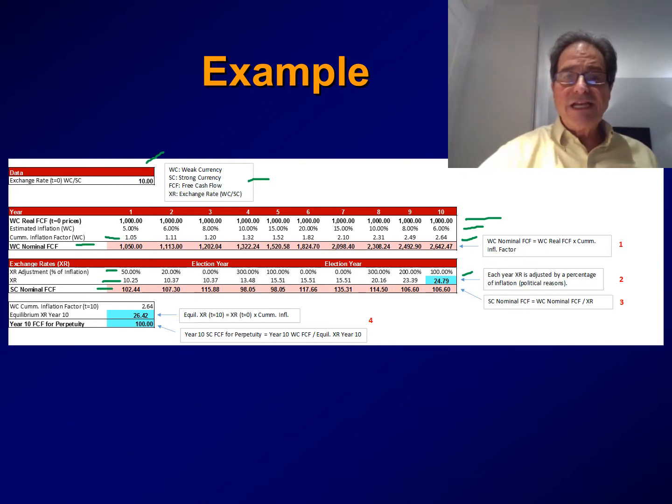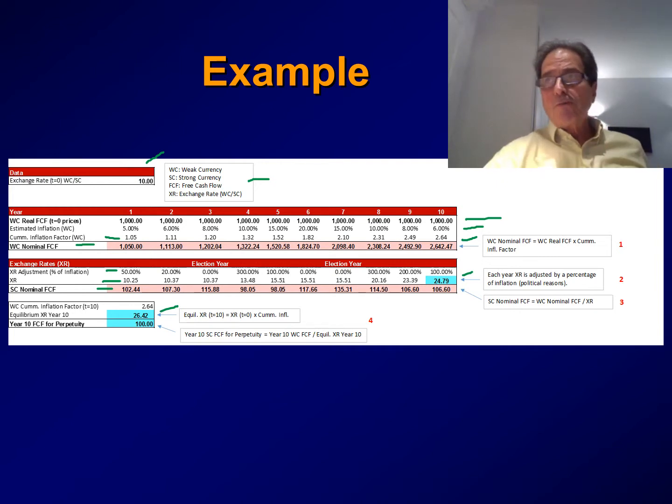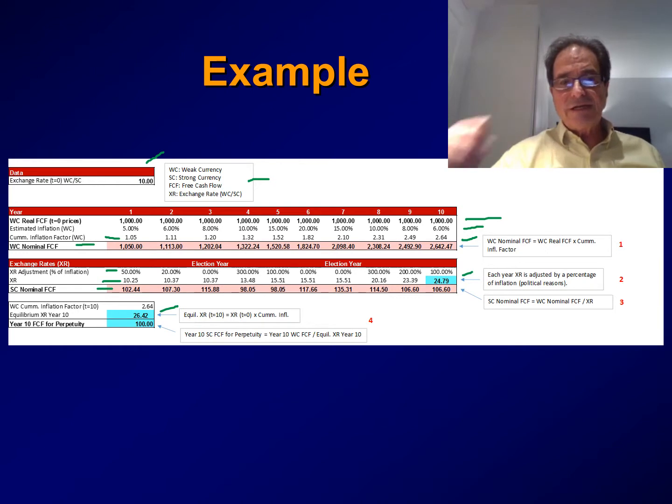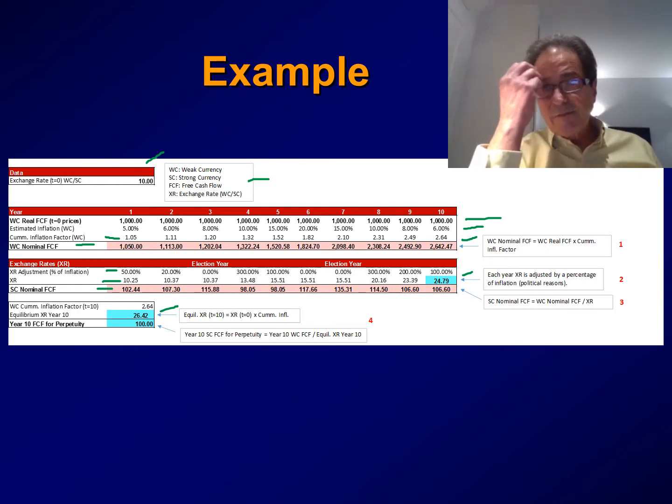So given that the initial exchange rate was 10, then the equilibrium exchange rate for year 10 will be the initial exchange rate of 10 multiplied by the cumulative inflation factor of 2.64. So the equilibrium exchange rate for year 10 will be 26.42.